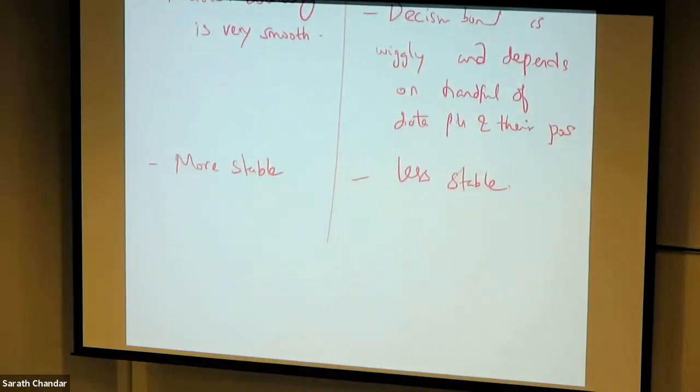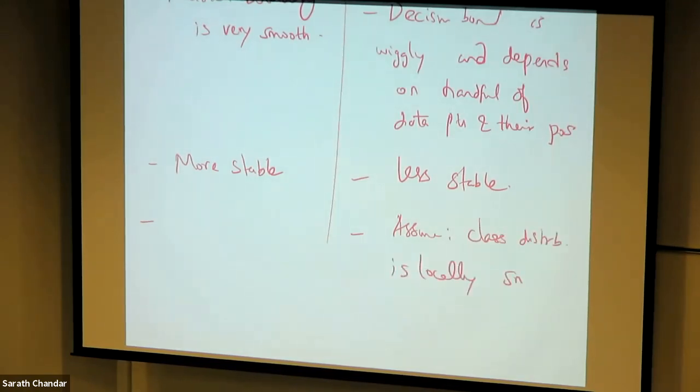Now, they both have different types of assumptions. Can someone tell me what is the assumption? Well, we discussed in detail the assumption of nearest neighbor, right? The assumption of nearest neighbor is that the class distribution is locally smooth, right?